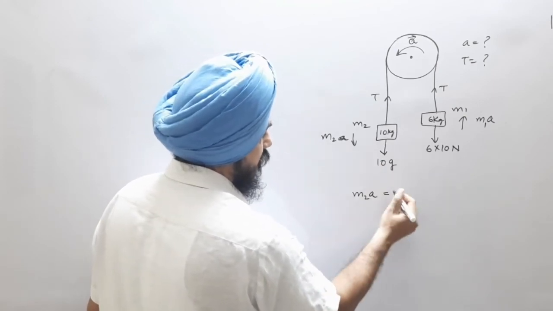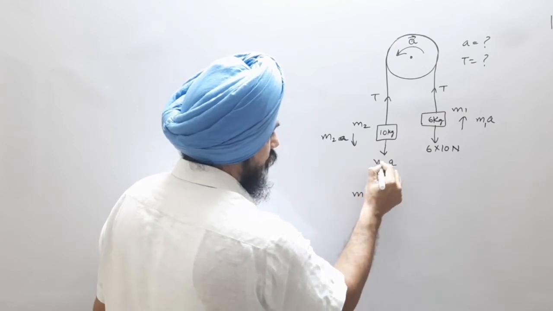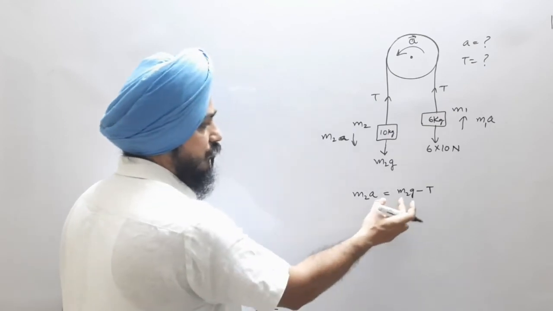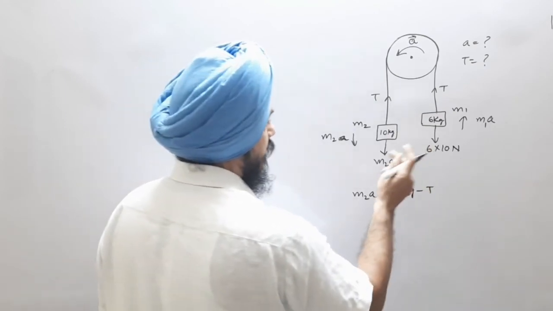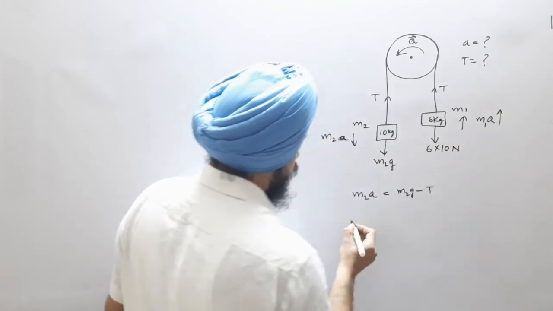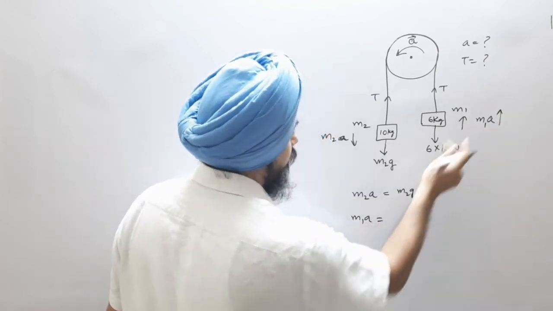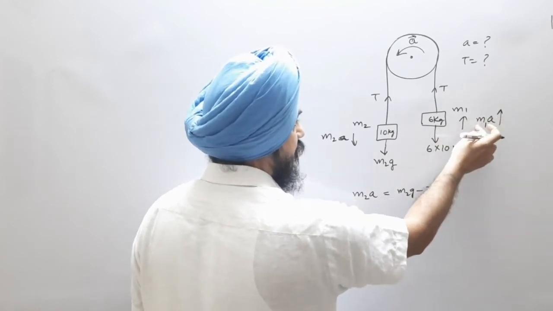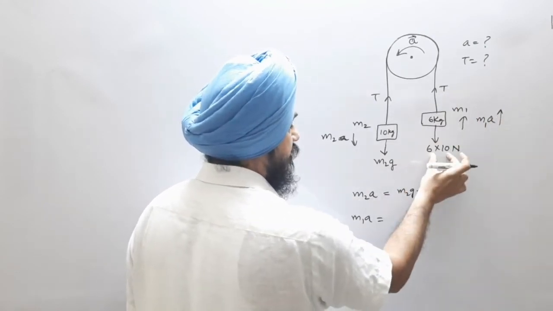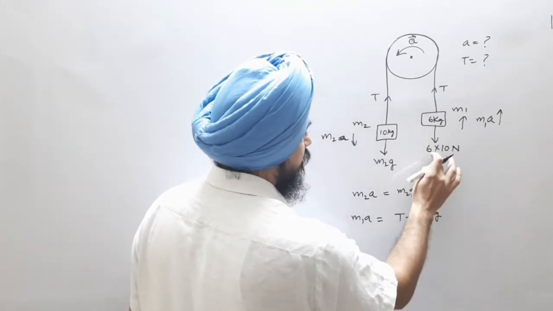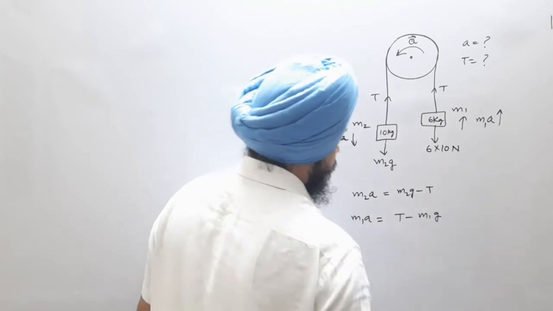It will be M2G minus tension. Later on we can put in the values. For the other, M1A is upwards, because it is moving upwards, since tension is greater than its weight. So M1A equals tension minus M1G, where M1G is 6 into 10.